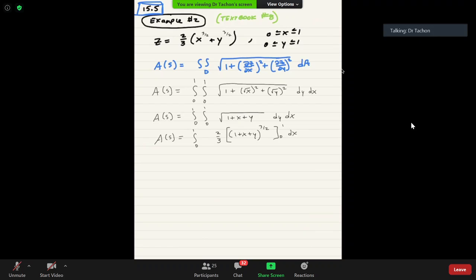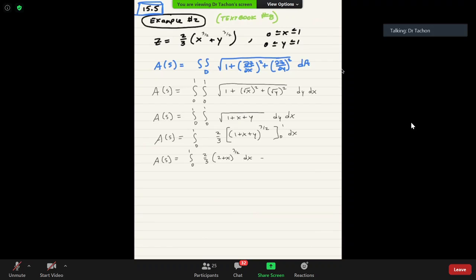Okay, and we integrated with respect to y, so you're going to plug the 1 in for the y. Plug in the upper bound. When you plug in the upper bound for y, you get 2/3 times 2 plus x to the 3/2.